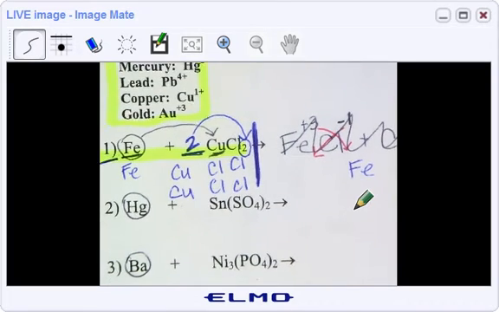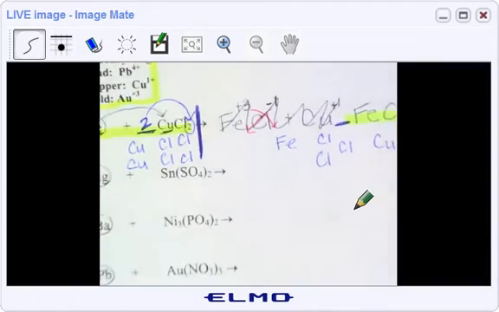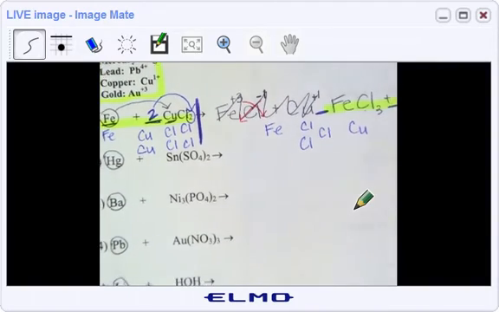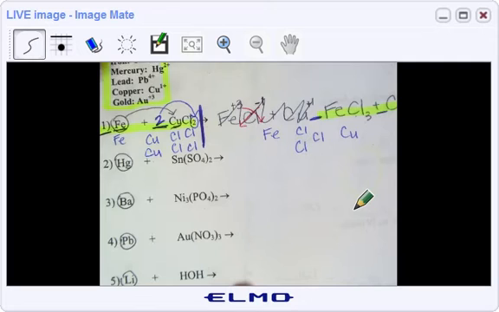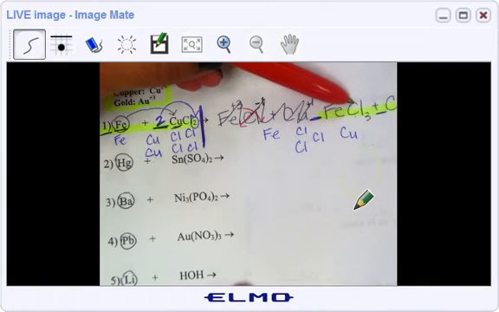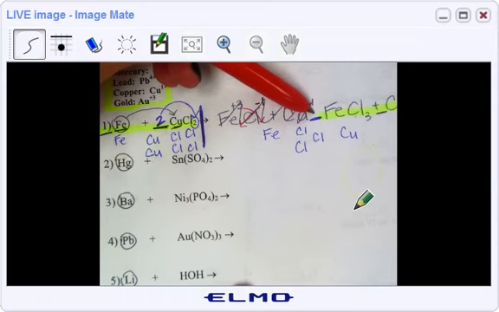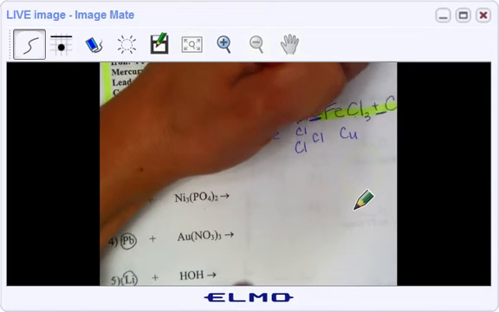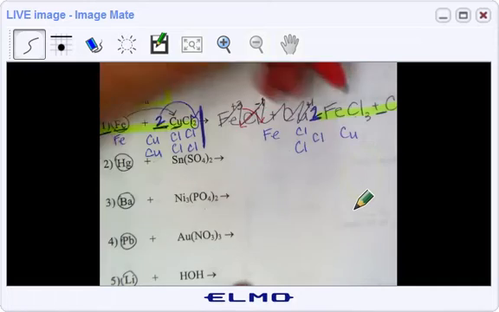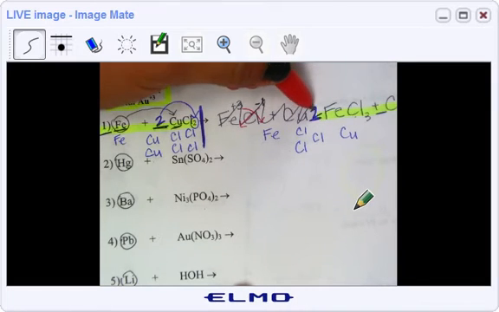Okay? So now let's compare. Are we even, Steven? No, we are not. Because over here I have 3 chlorines. So I'm going to start with putting a 2 here. It does affect iron, but you have to do it.